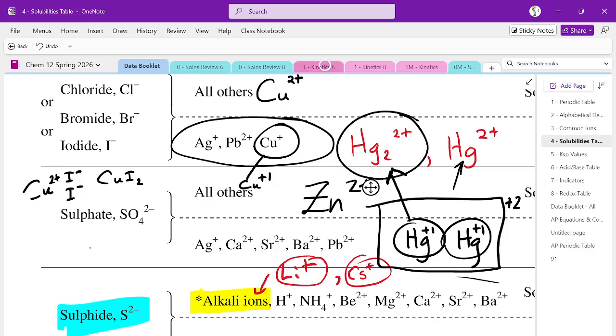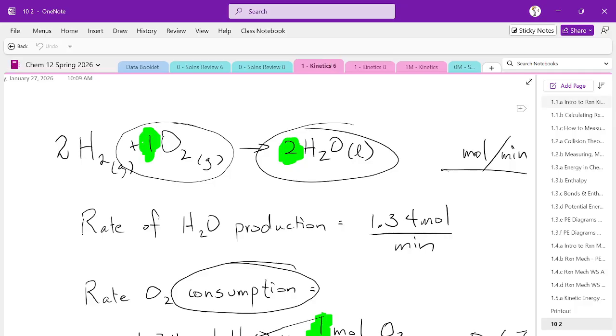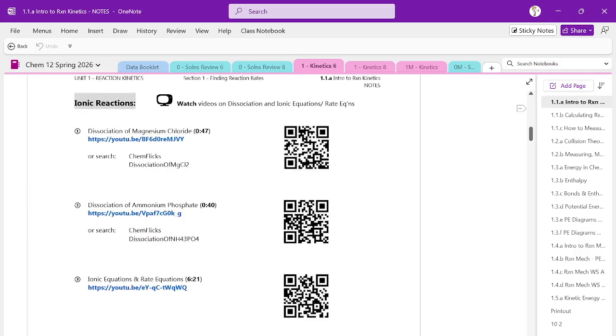Okay. So if we are done with that, we did pages 1 and 2 here.